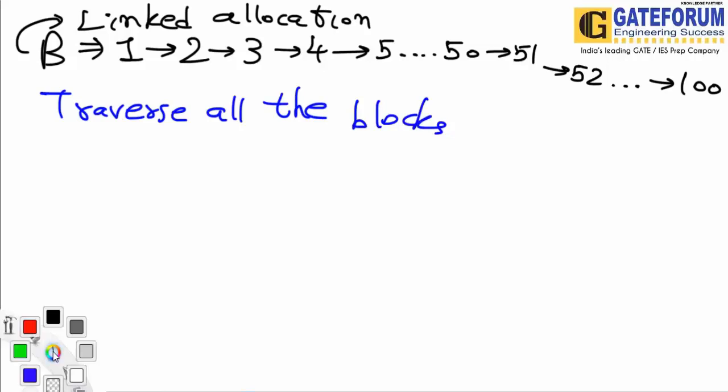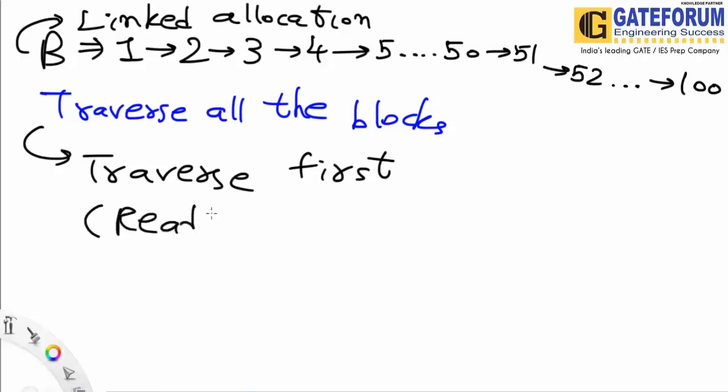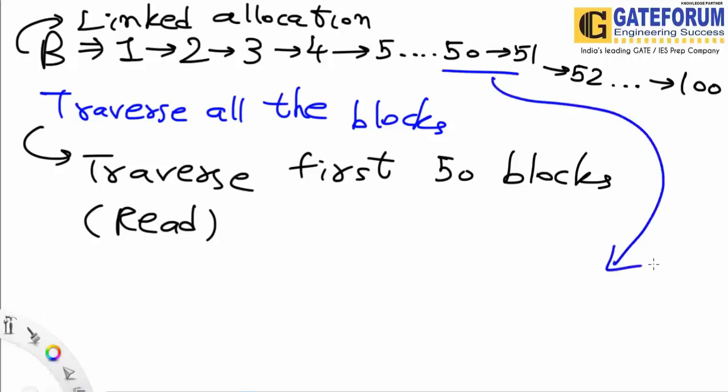So first of all, you need to traverse the first 50 blocks, or you can say access them, or you can say read them. Traverse means read the first 50 blocks. Then if you have this particular pointer, you can simply say the next of 50 will become this temp, and the next of temp will become 51.